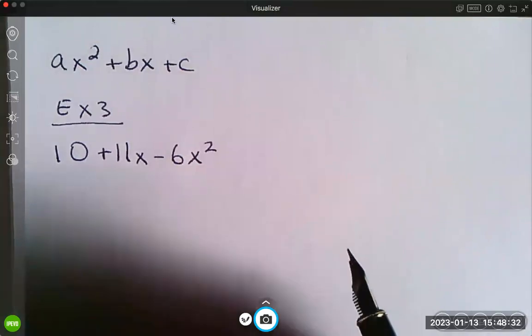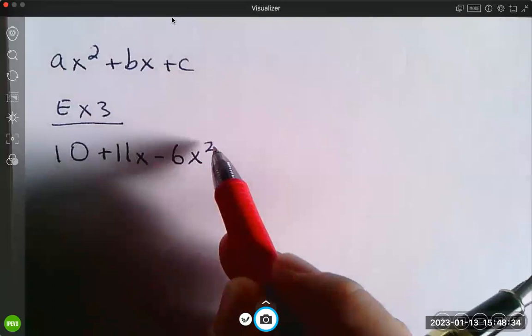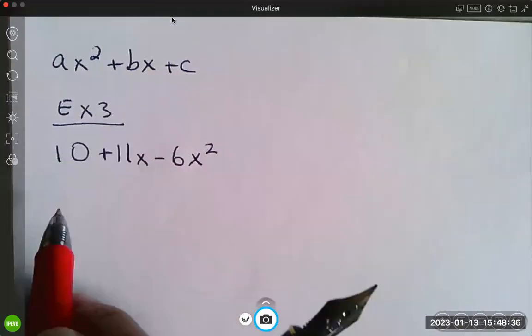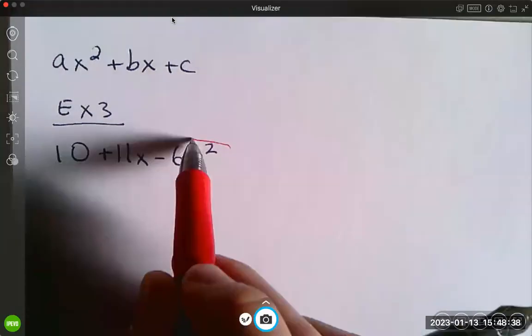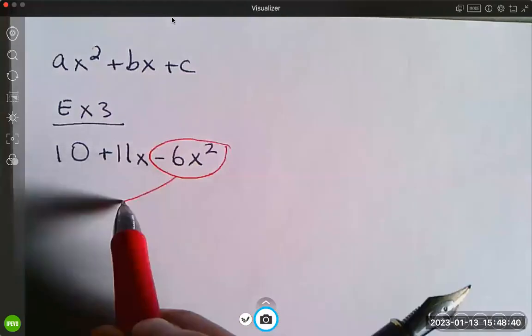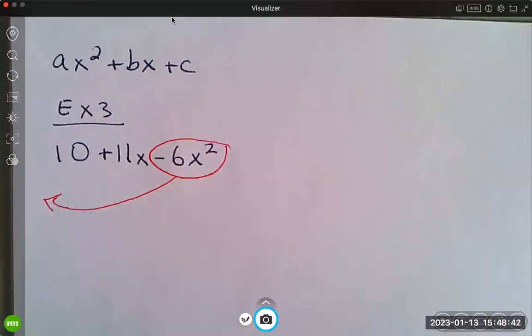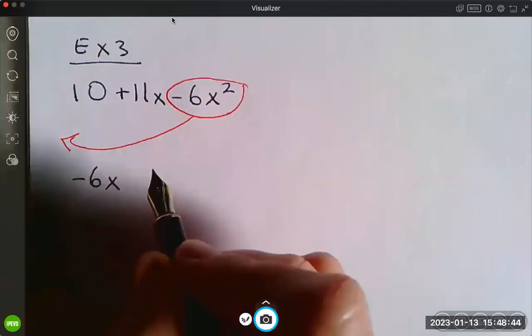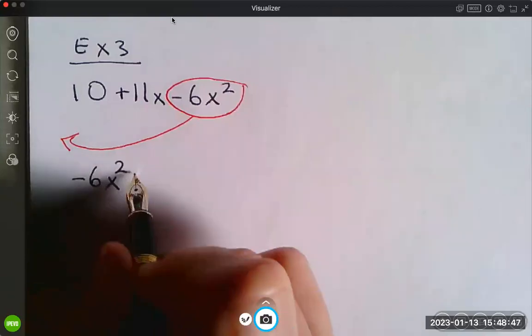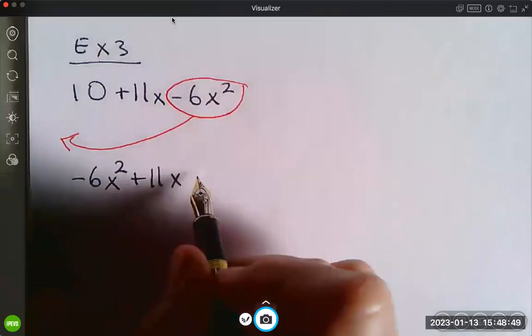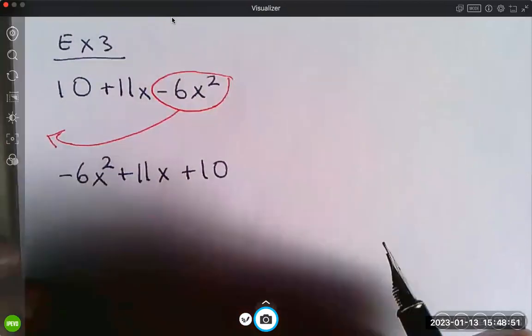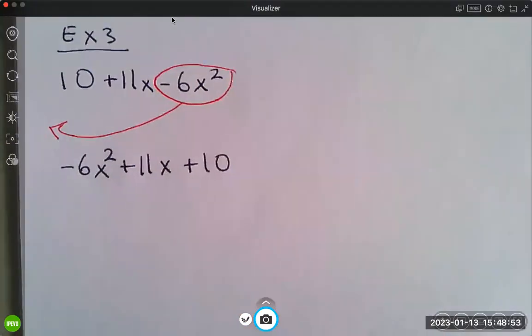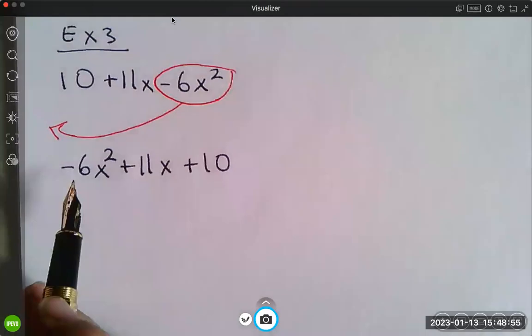Okay, so I'm actually going to put it in correct order. This is completely backwards. So I'm going to have my negative 6x squared in the front, plus 11x plus 10. Now, when that leading coefficient is negative, you have to factor it out.